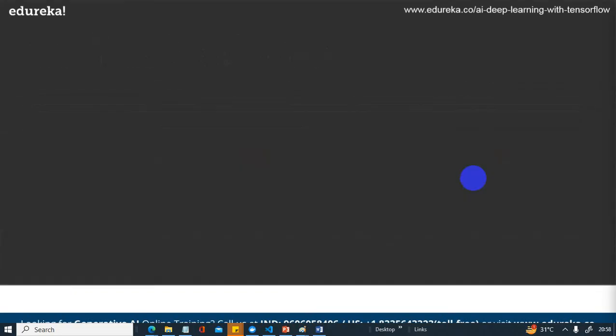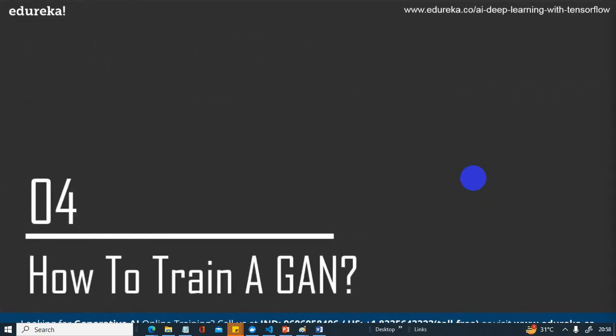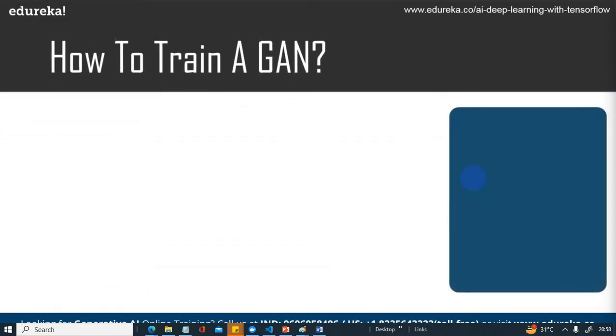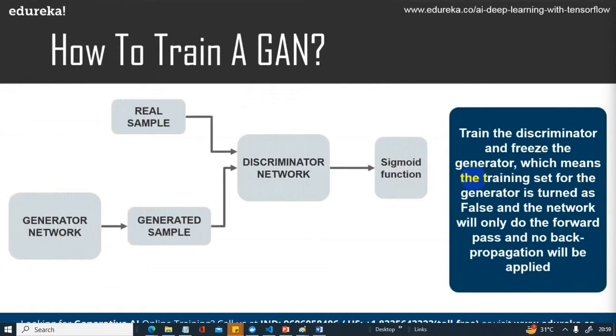Now let's take a look at the training phase, like how a generative adversarial network is actually trained. It happens in two phases, guys. The first phase is where we train the discriminator and we freeze the generator, which means that the training set for the generator is turned false and the network will only do the forward pass and there will not be any back propagation.